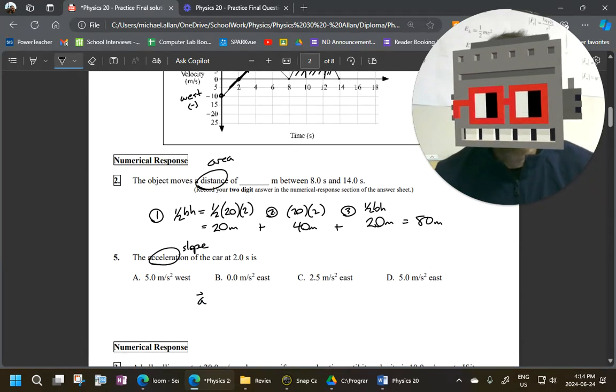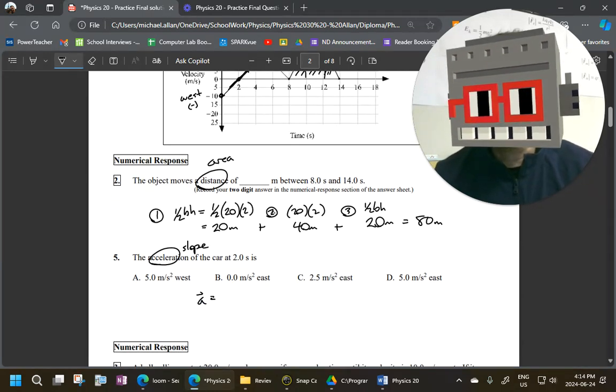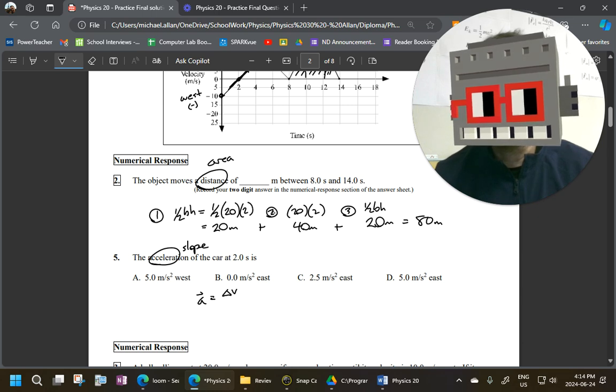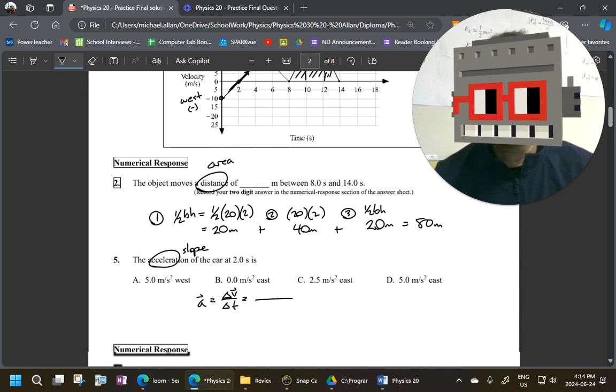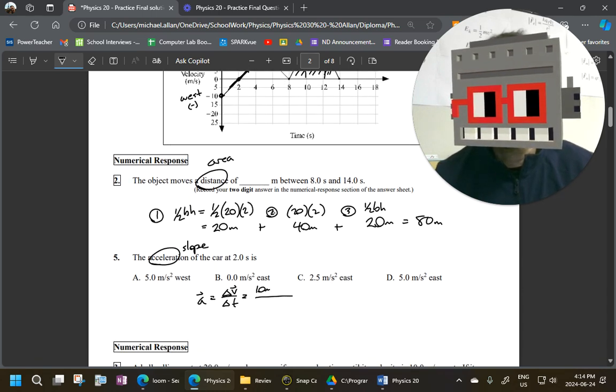And to find the acceleration, I just want to find the slope, which is going to be rise, my change in velocity, over the run, which is my change in time. So if I'm using my 2 dots there, my final is going to be 10 meters per second minus my initial of negative 10 meters per second. And I got a time of 4 seconds minus 0 seconds.